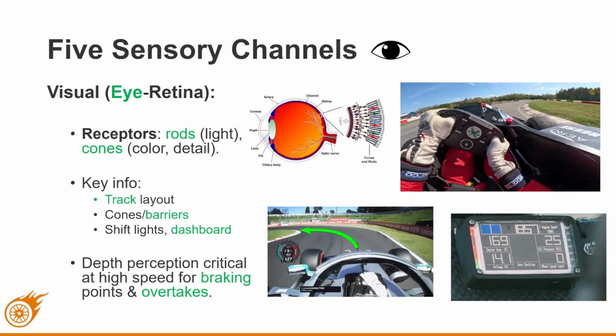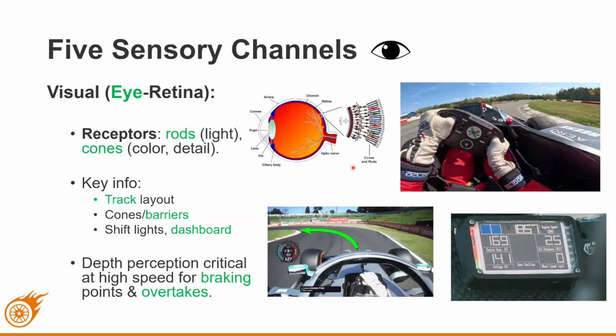Main receptors here are the rods and cones inside of your eyes, as you can see in the image here. So the rods are detecting light and the cones are detecting color and detail.